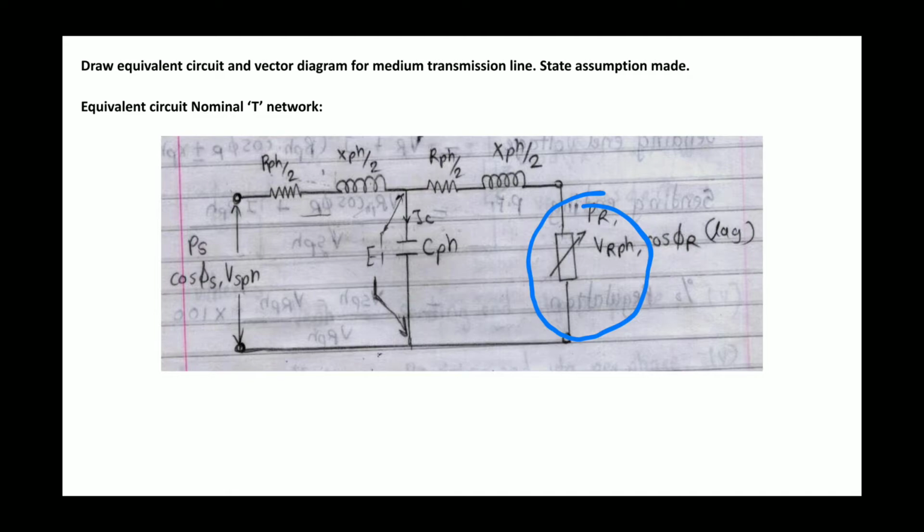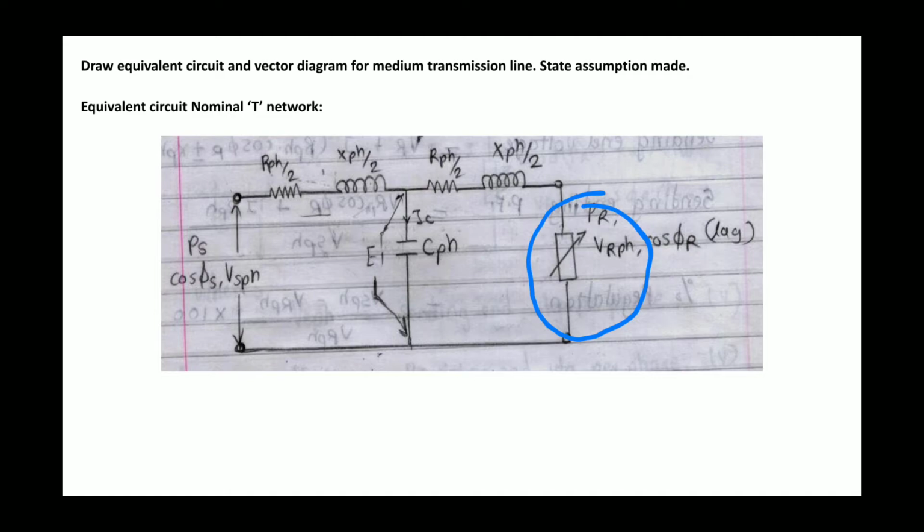Then the sending end voltage Vs at the beginning of the line, and VR is the voltage at the receiving end of the line. Then the voltage across the capacitor is E1, which is at the middle of the line across the capacitor. IS means the sending end current.